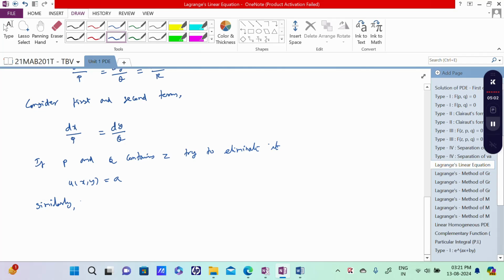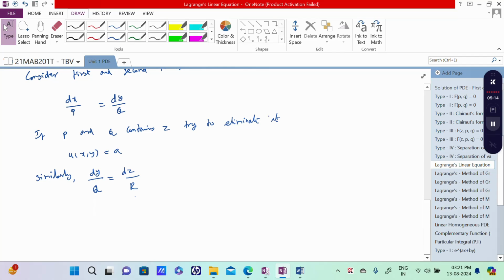Now I consider the second term and third term. If in these two terms, Q and R contain any x variable, then try to eliminate it.